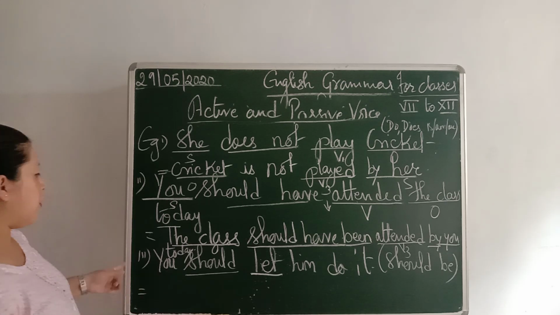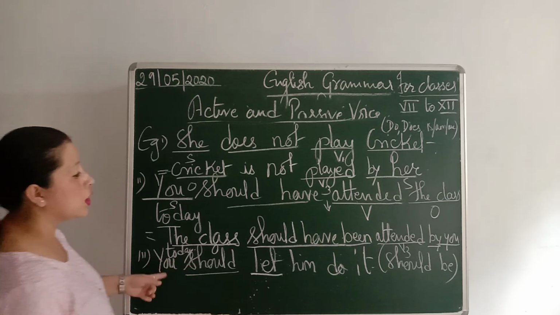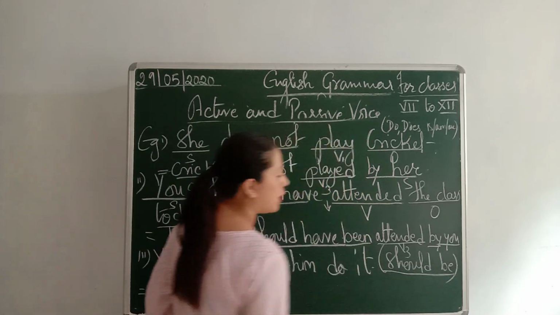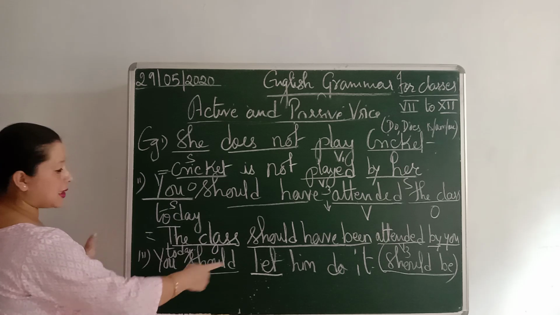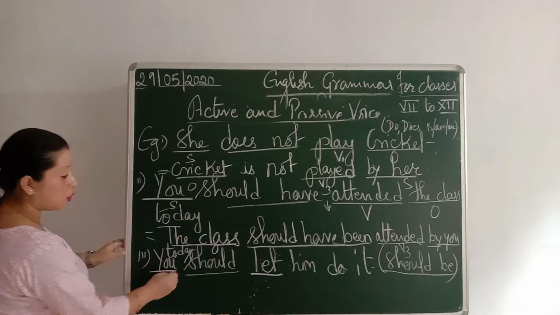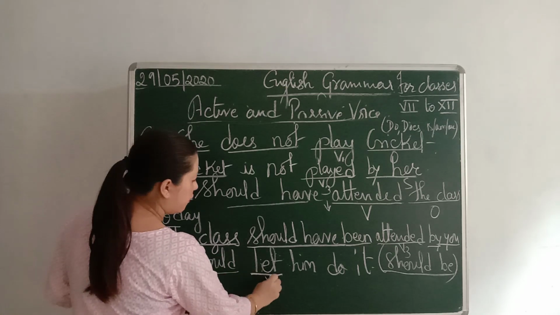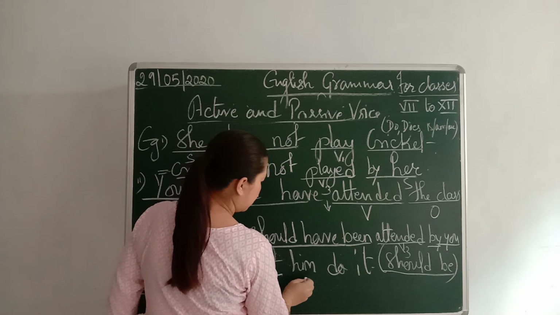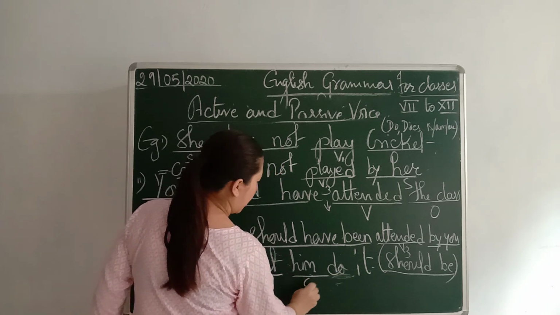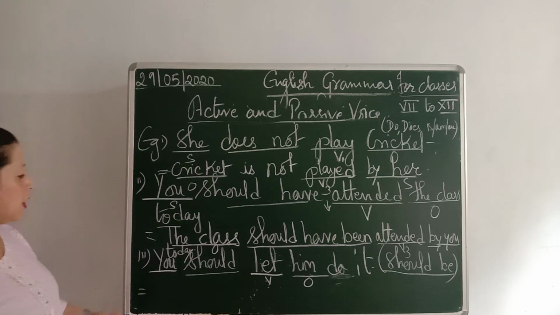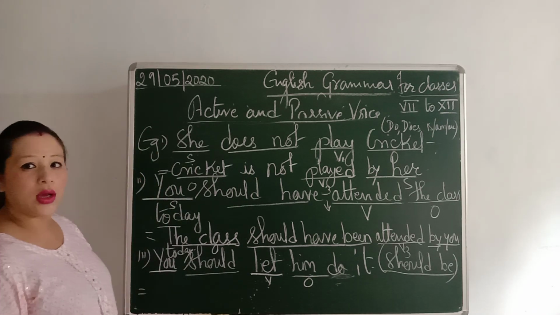So if you use should be, then this will be quite favorable. See, you should let him do it. So in this sentence, which are the subject, verb, and object? You is the subject, let is the verb, him is the object.